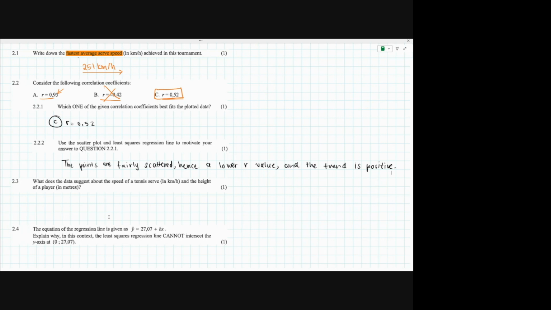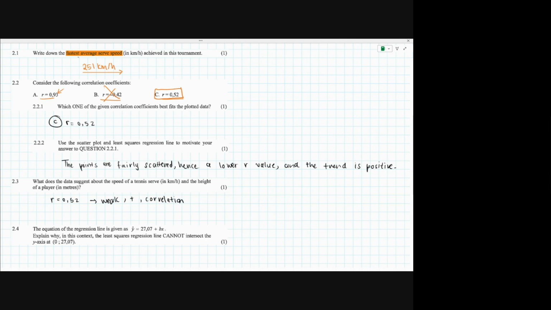Now, if you were to look at the memo, there are actually quite a few options. But if we think about what our correlation coefficient that we've chosen means, I think Layla actually gave us a whole description. This is a weak positive correlation, which means that there is a correlation, but it's not super strong.